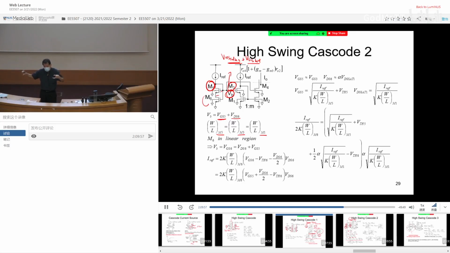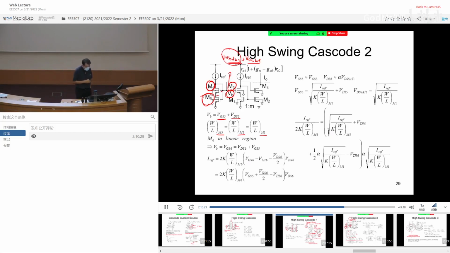So if this is VGS M4 and VGS M4 changes accordingly, because your VGS5 tracks this guy, you also change the same way. So you don't have to worry. That's the reason why we want them to track each other. So now you only need this transistor M6 to properly track this guy. Then your job is done.